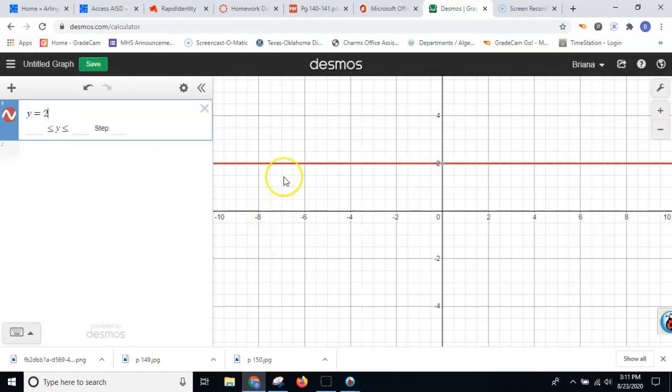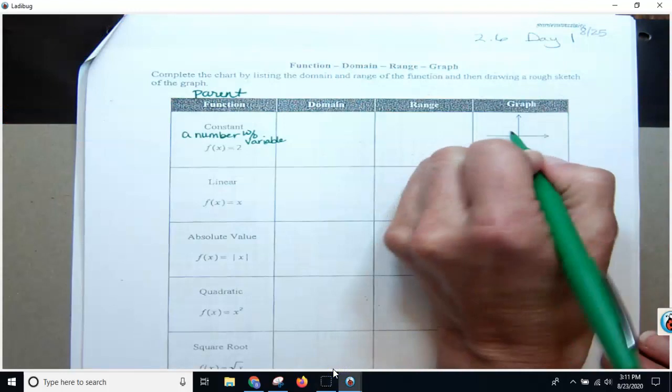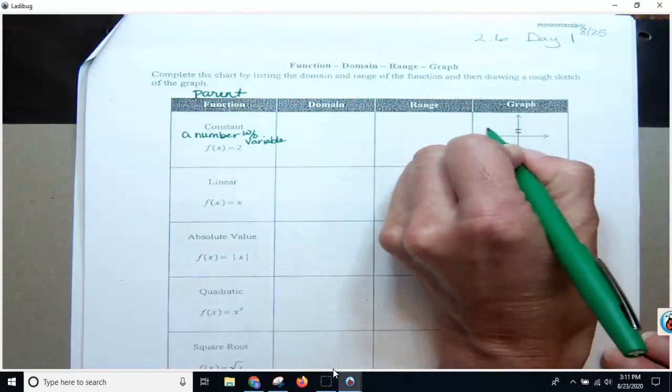What that looks like is just a straight horizontal line across the y-axis. If we draw that, it's right at 2.